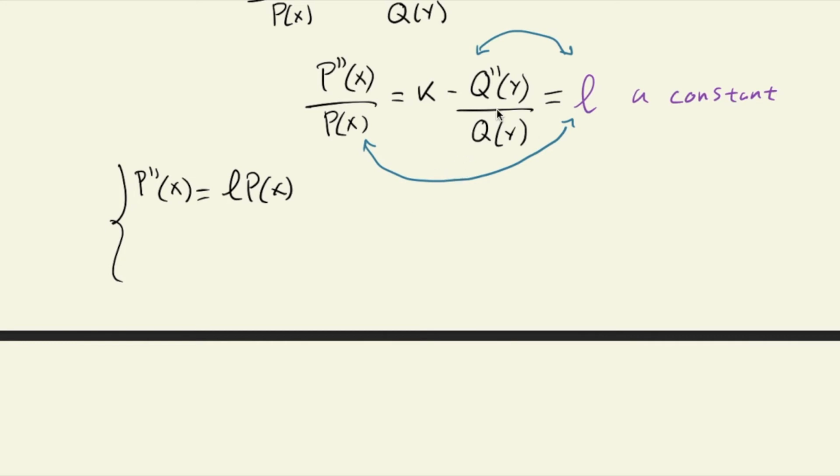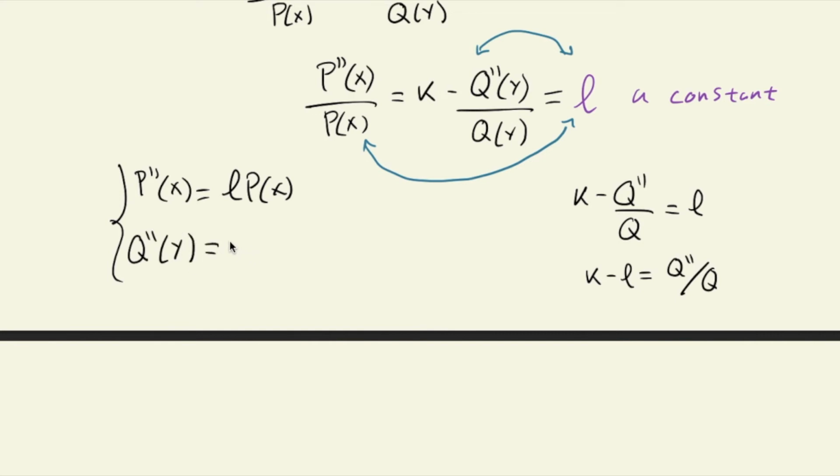And if you match these two up, you get k minus q prime prime over q is equal to L. And then I'm going to send q prime prime to the right and L to the left. Okay, k minus L is equal to q prime prime over q. And then you multiply by q on both sides, you get the equation q prime prime of y is equal to k minus L times q of y.